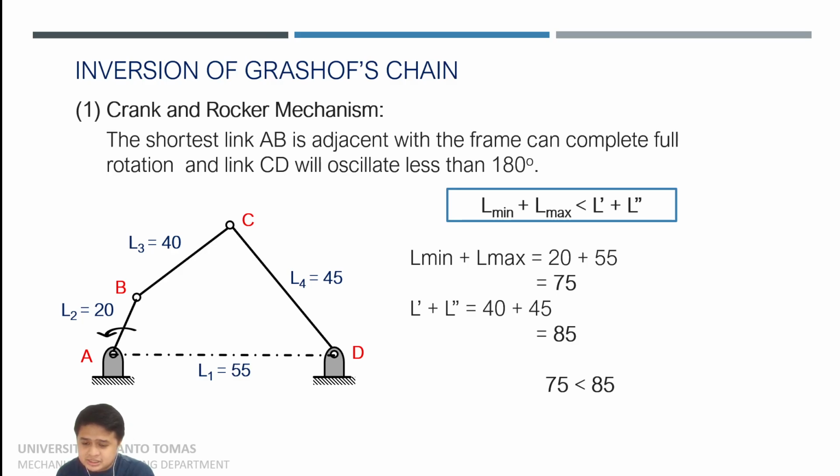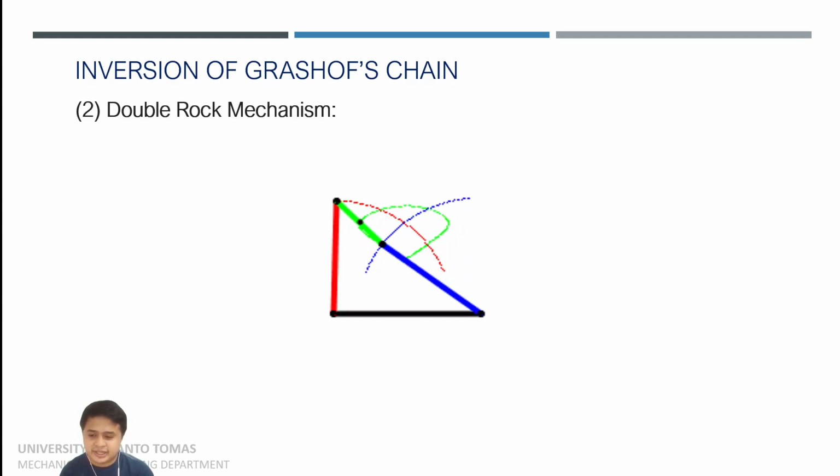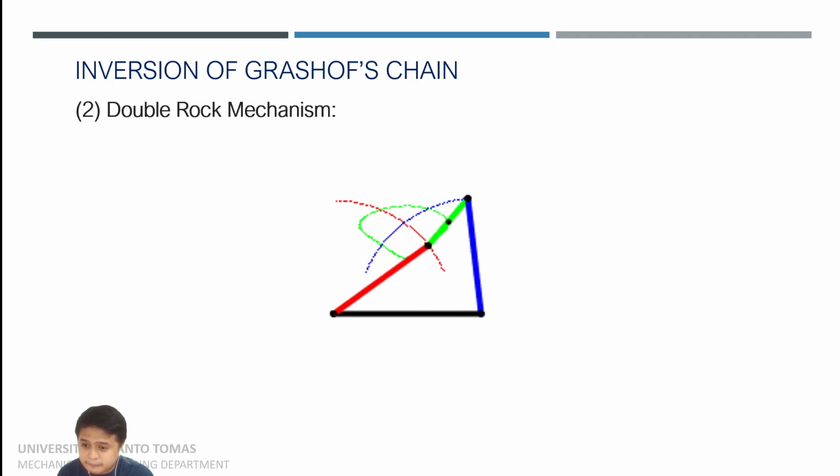Moving on, we have another type. If you invert, changing the frame of your 4-bar mechanism, you can create a double rocker mechanism. Both of them can only rock, they can only oscillate, they cannot fully revolve.